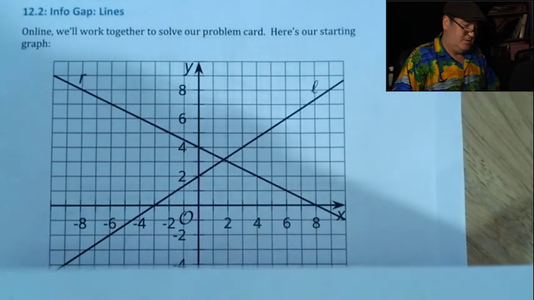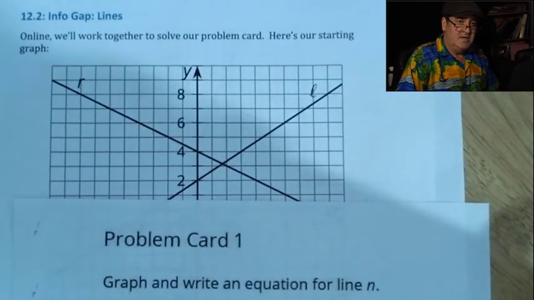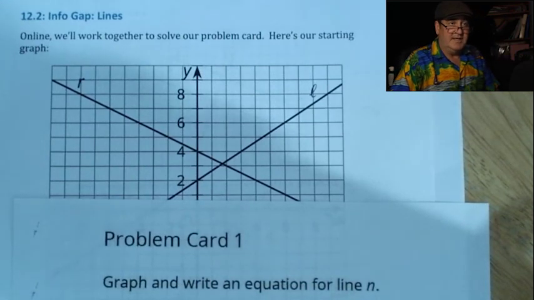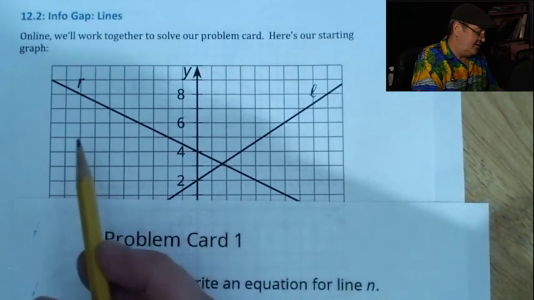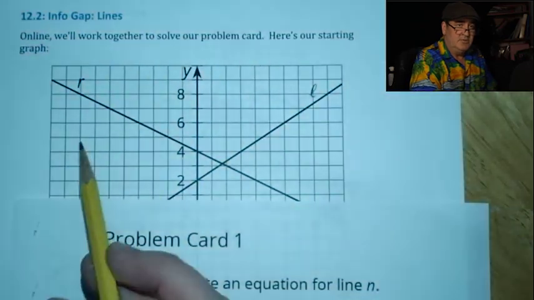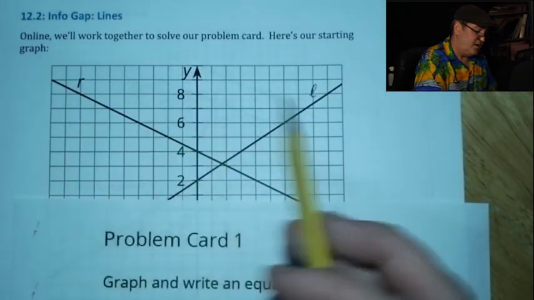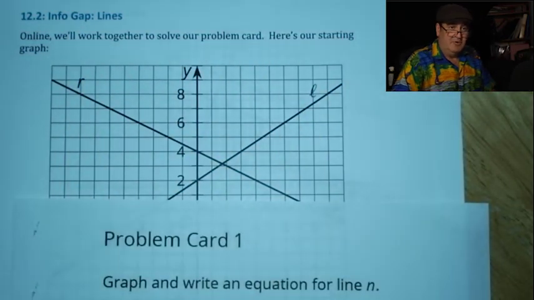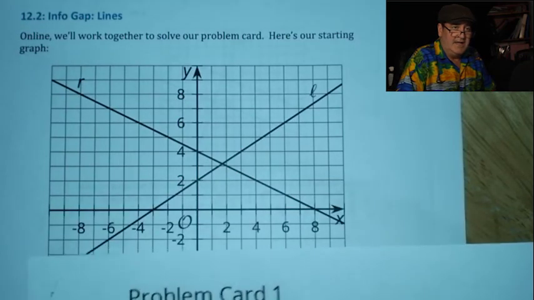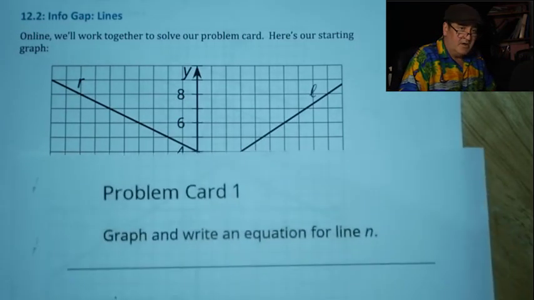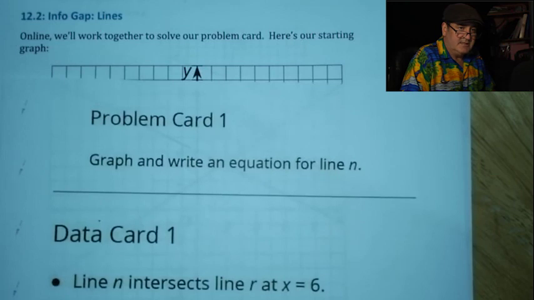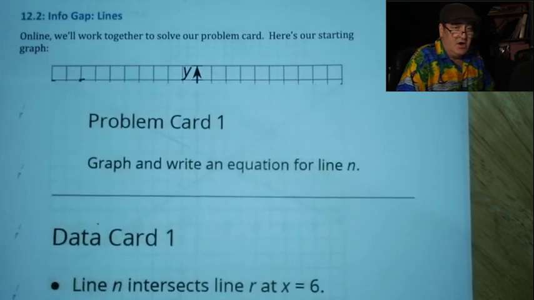So here's our problem. All right, so our problem says graph and write an equation for line N. Well, we have line R. I'll turn this back on. We have R, we have L, and we're supposed to write one for a line N. So let's see what our data tells us about it. It says it intersects R where x equals 6.